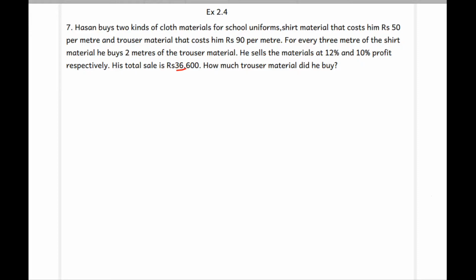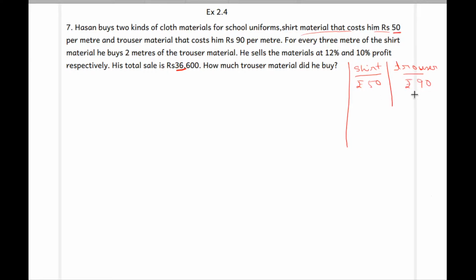So, what are the clues given in this question? He bought two types of materials. First one is shirt material and the next one is trouser material. The first line says that shirt material cost him ₹50 per meter, that means 1 meter of shirt material he got for ₹50, and 1 meter of trouser material he got for ₹90.